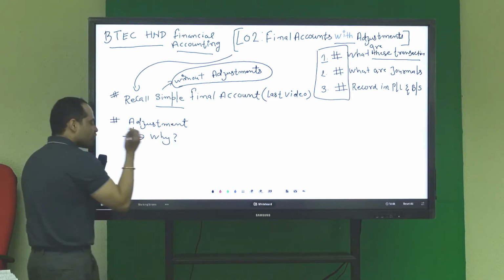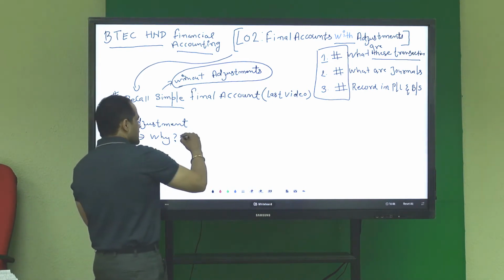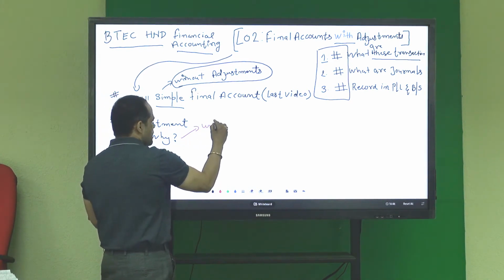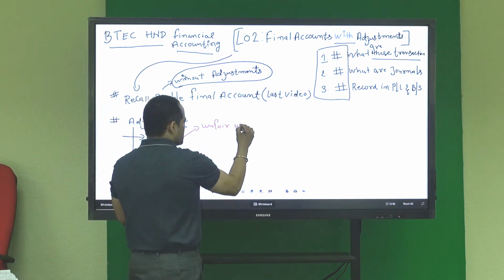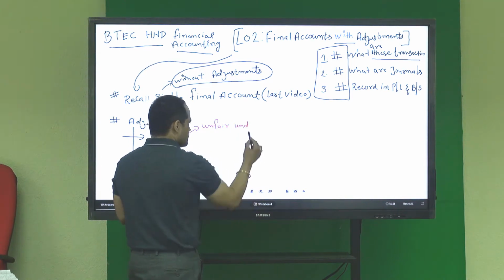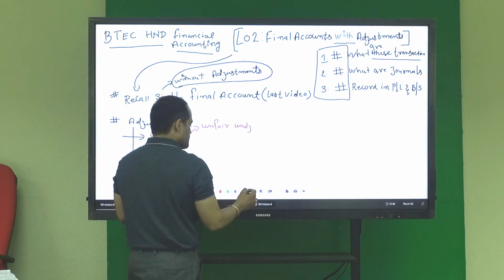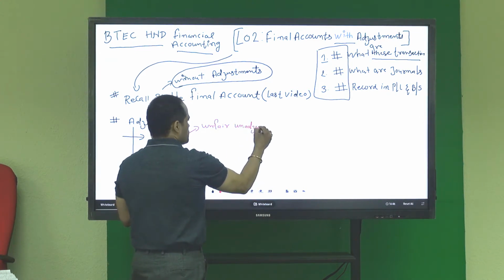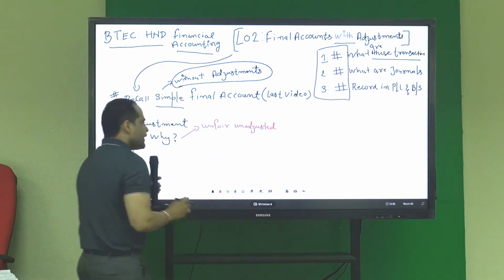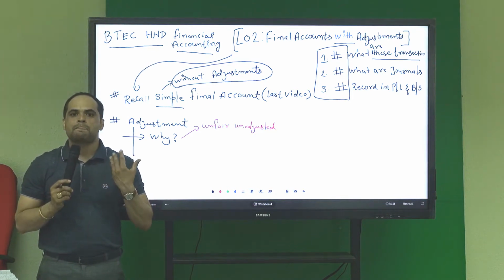So why do we have to make adjustments? The reason is it's completely unfair to provide unadjusted final accounts.